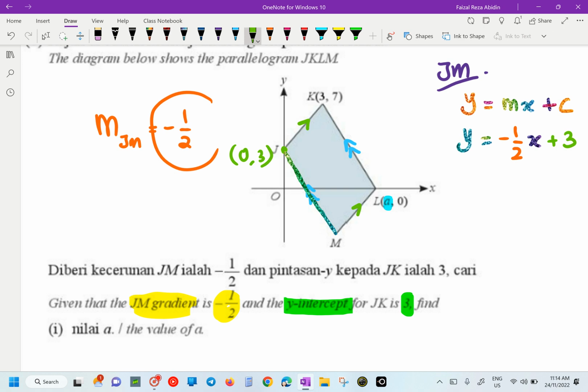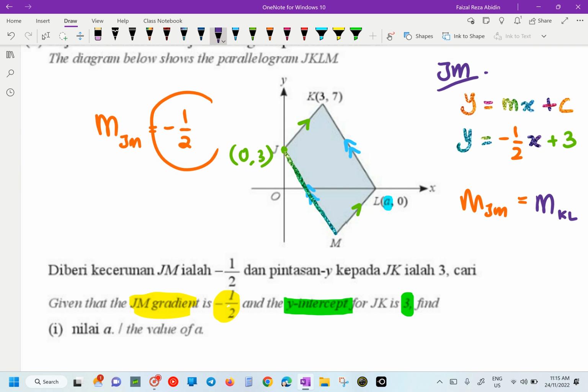Okay. If this is going to be the equation of straight line for JM, and we are going to find our value of a, there is parallel. Can you see the parallel? Which one is parallel? Yes, JM. Sorry, our gradient. Gradient of JM is going to be equal to the gradient of our KL, isn't it? Am I right?